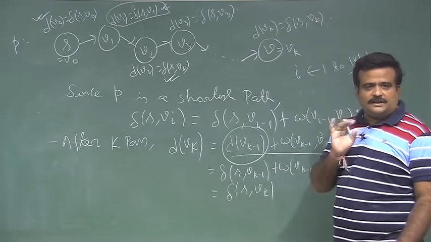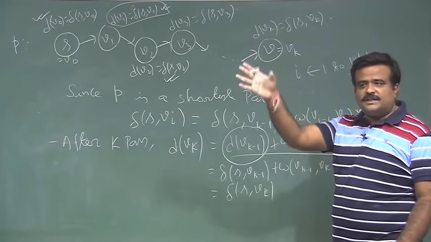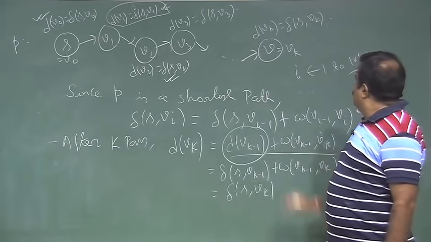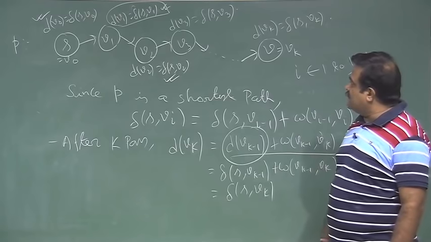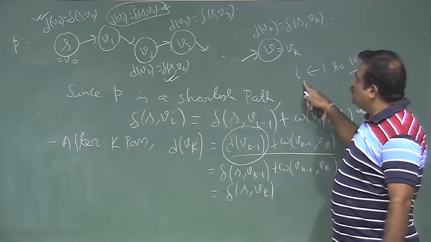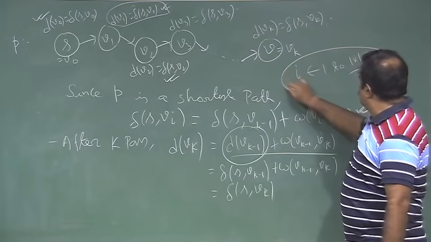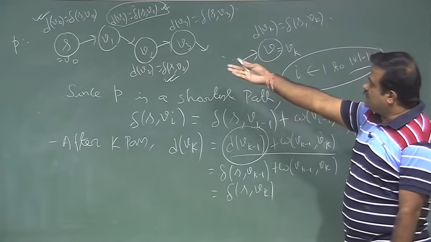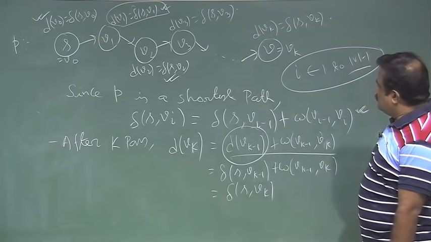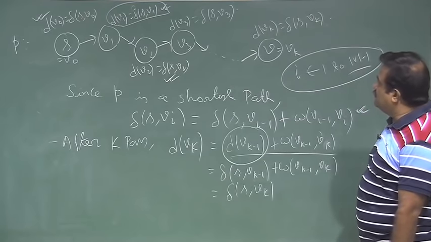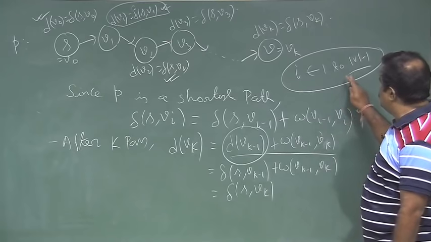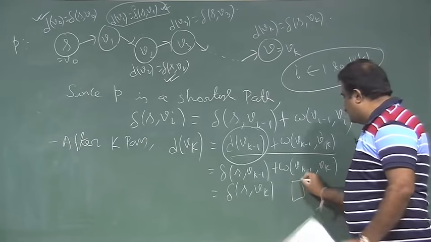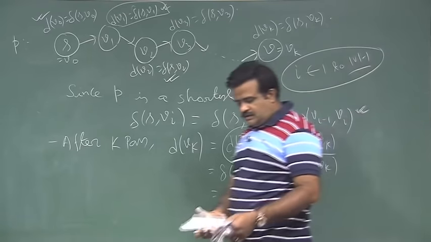So every path from S to any other vertex can contain at most V minus 1 vertices in the middle. That is the reason we run the outer loop of the Bellman-Ford algorithm up to V minus 1. Okay. So this is the correctness of the Bellman-Ford algorithm.